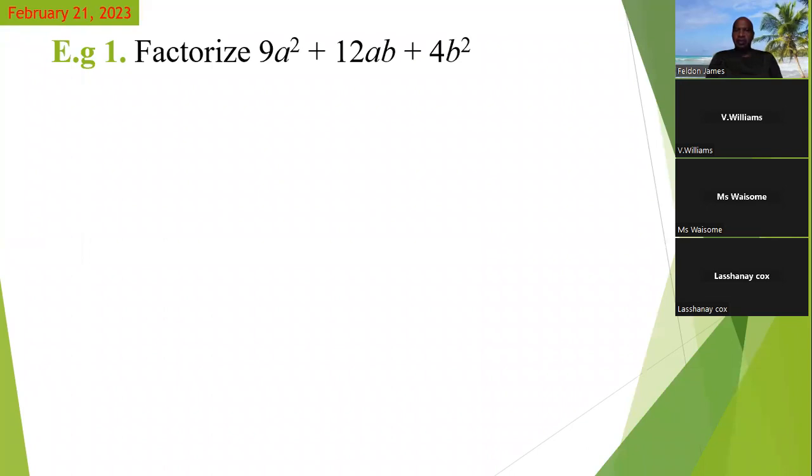All right, so how did you come to the conclusion that the first term is a square term? Because you have a 9a squared, sir, and 9 can be squared as well. 3 times 3 is 9. And what else? And the same thing for the last term. The 4 can be 2 times 2, which is 4.